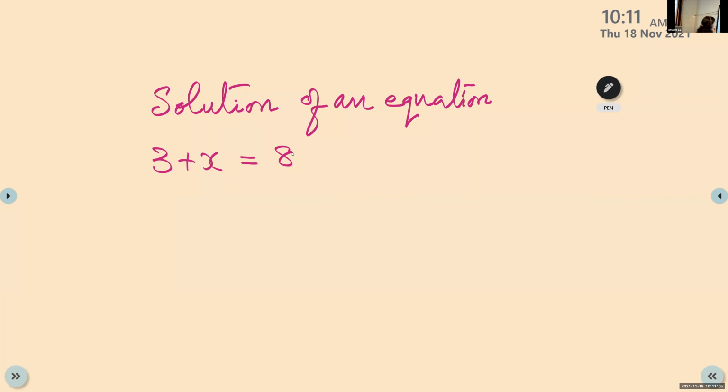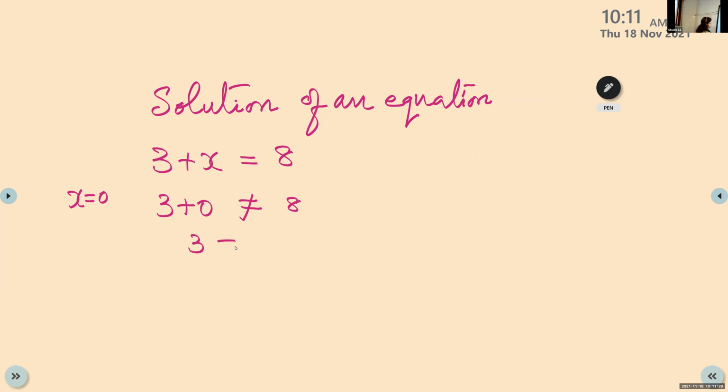Okay. Now, 3 plus x is equal to 8. In the trial and error method, we put values for x. x is equal to 0. In the place of x, we put 0. So, is it correct, children? No, isn't it? 3 plus 0 is 3.